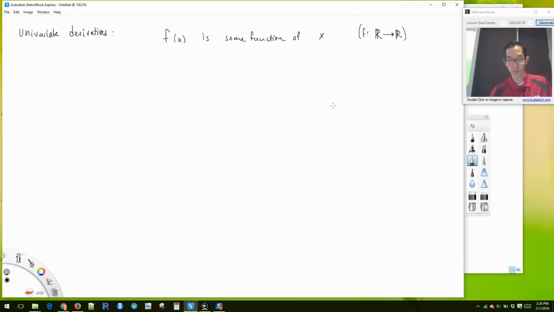The first derivative of f with respect to x, we can say is df dx. Here we'll say the derivative of f at x0, so df dx where x is equal to x0. What is this? How do we define this?